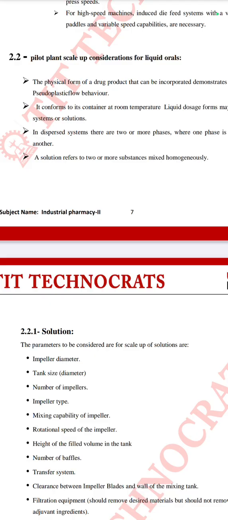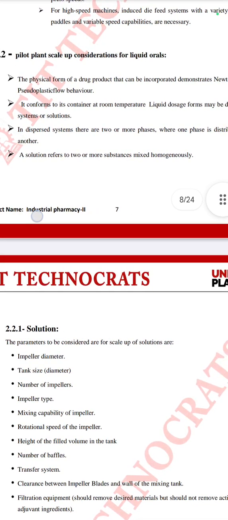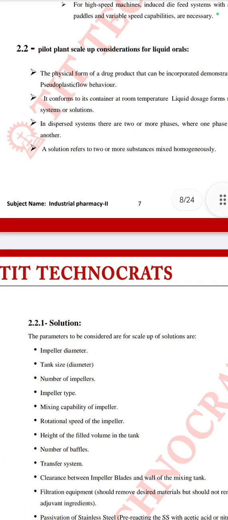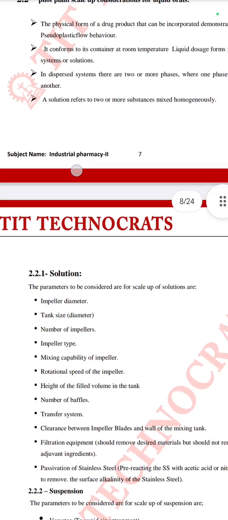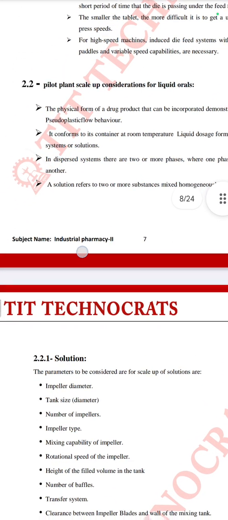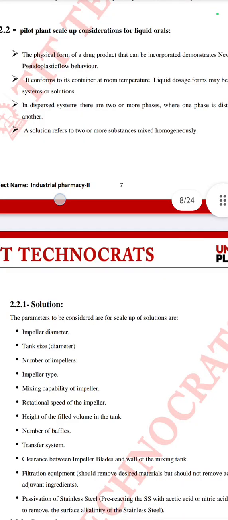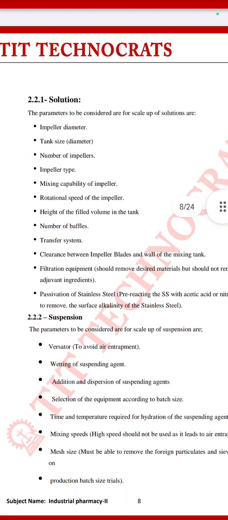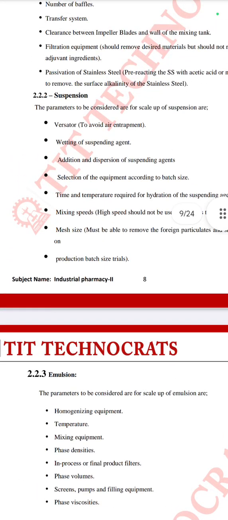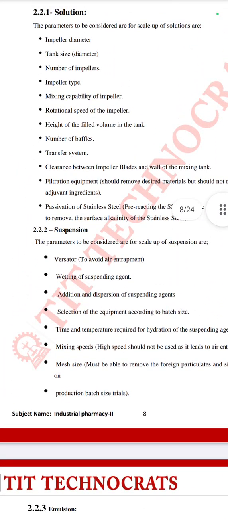The physical form of a drug that can be incorporated should demonstrate Newtonian flow behavior. Liquid orals come under solutions, suspensions, and emulsions. These all are considered as liquid orals.